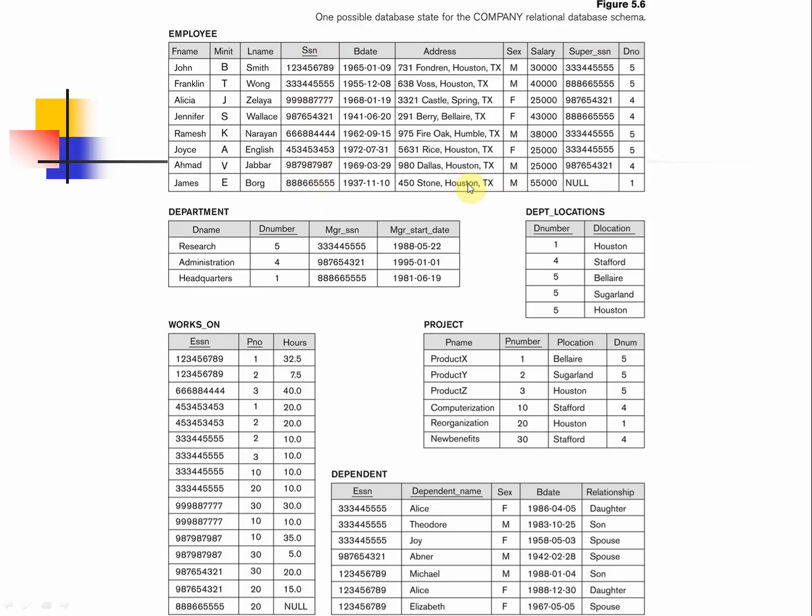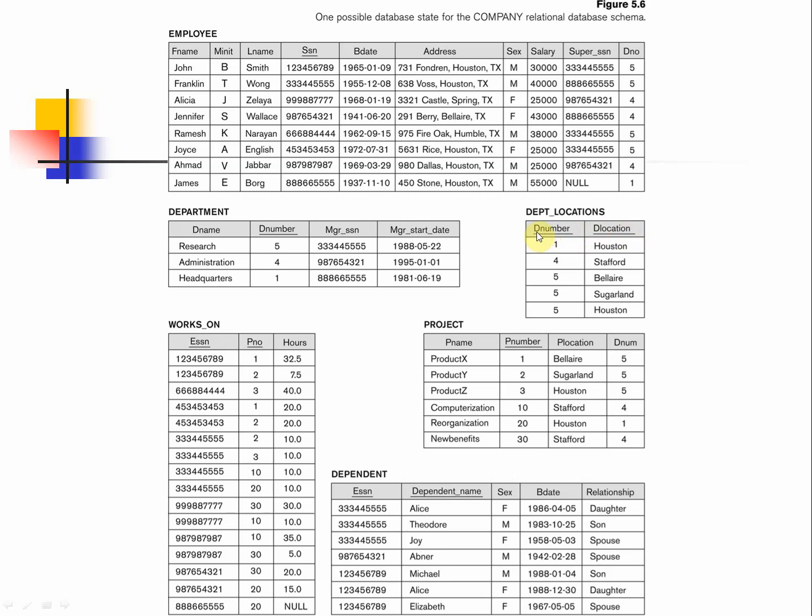It's going to be the same thing with department locations, indicating which department is located in what location. This is what we can see when we look at the real data. Again, this department locations table has to have both attributes underlined, indicating it's going to be a composite primary key.